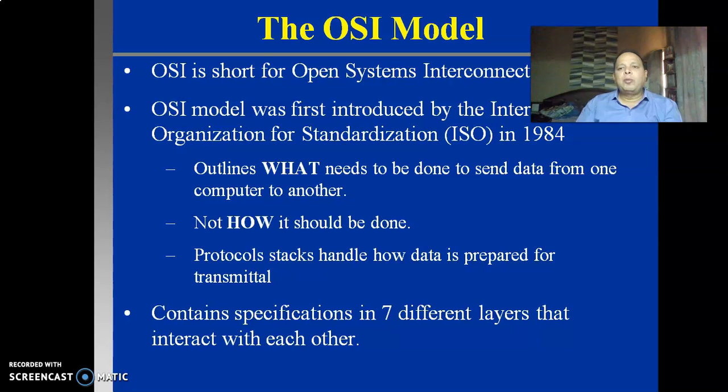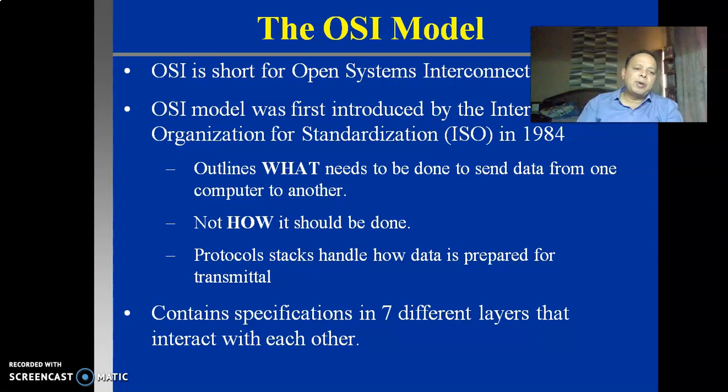Now, this particular model has divided the data transmission and reception into a very systematic process. And this systematic process is laid down in a number of steps. These steps and processes are categorized into seven different systematic layers, and these seven layers form the OSI model.